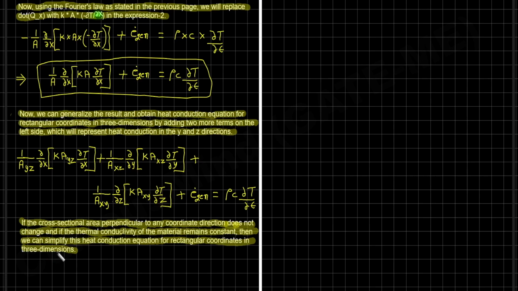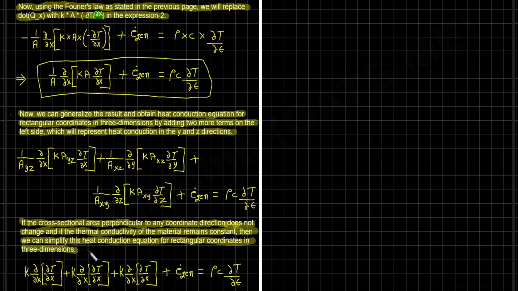All right. So after simplifying this heat conduction equation, we have its more simplified form. Now we will further simplify this partial differential equation and then rearrange it into a more standard form.